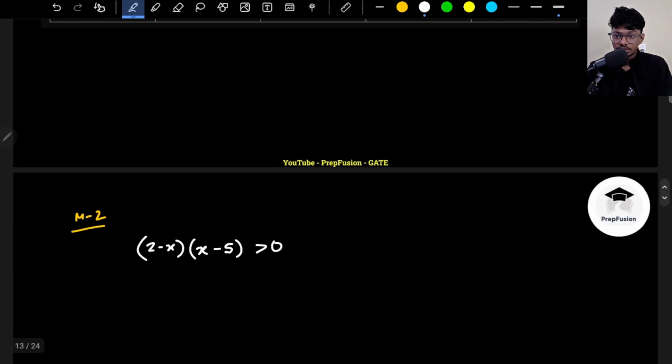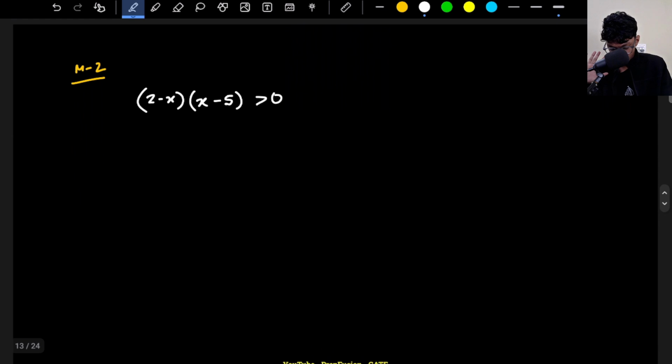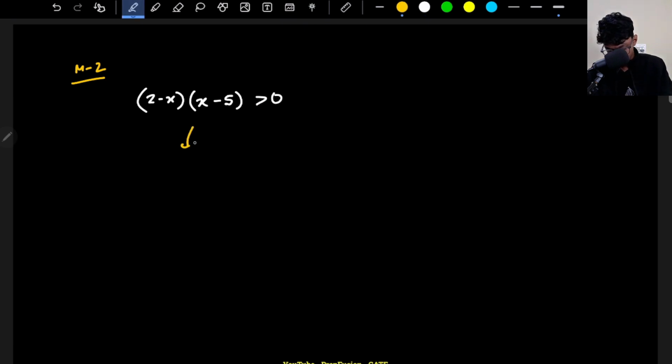Yes. So now we don't like this format. We want to write it in our format, that is, the coefficient of x should always be positive. So I will change this. I will take a minus sign common. So it will be minus of x minus 2 into x minus 5 greater than 0. Now I will multiply minus 1 on both sides.